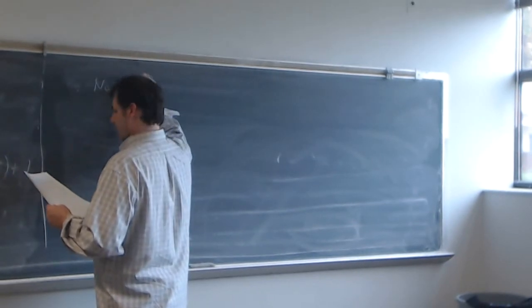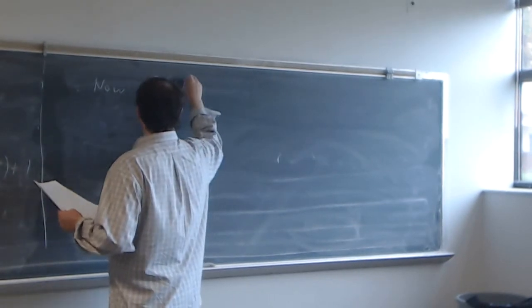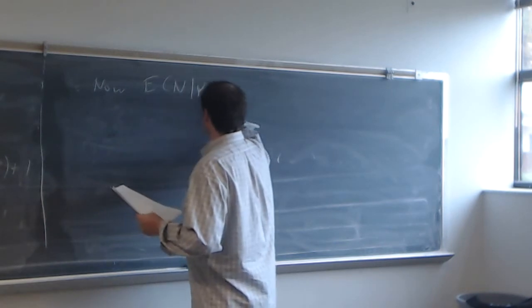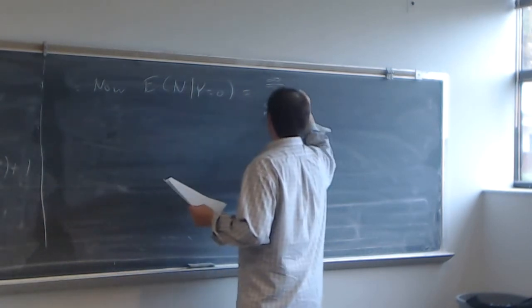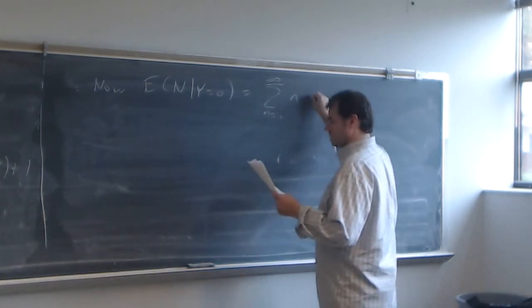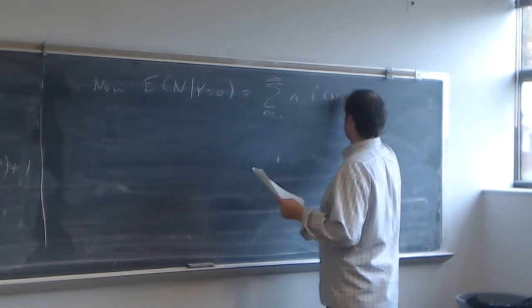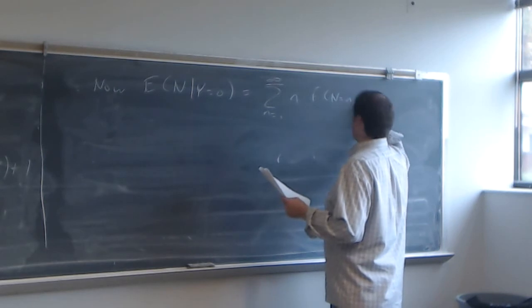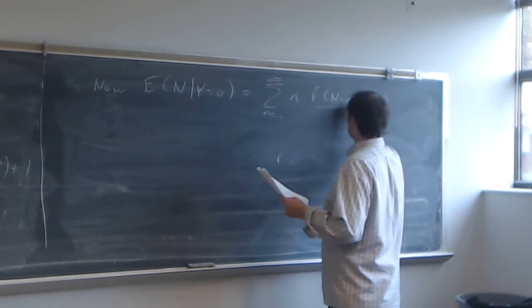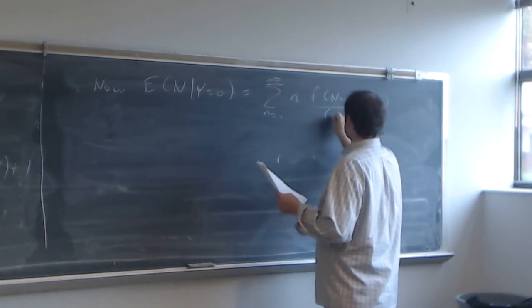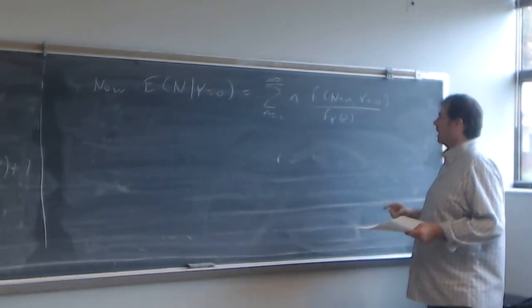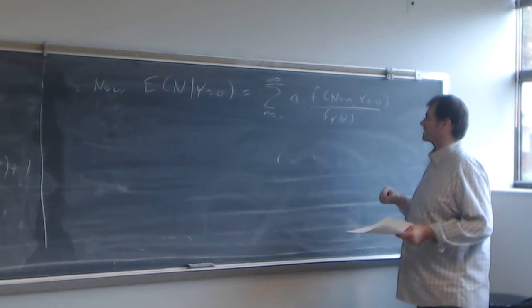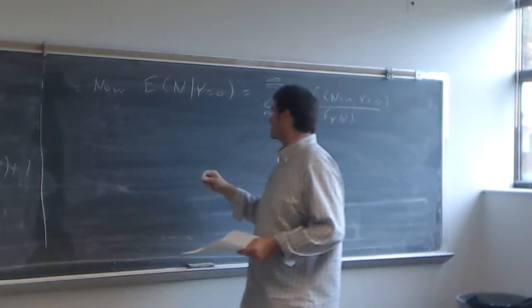Now, the conditional expectation of N given Y equal to 0, that's the sum as n runs from 1 to infinity of n times f of N equaling n, Y equaling 0, over f sub Y of 0. All right, f sub Y of 0 is something I can get.